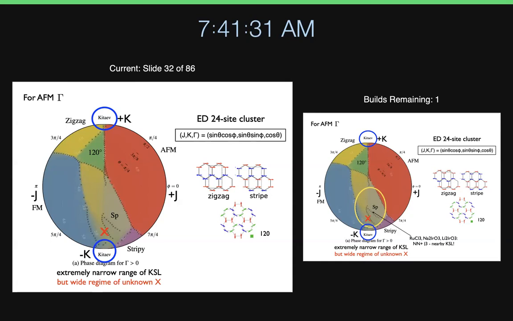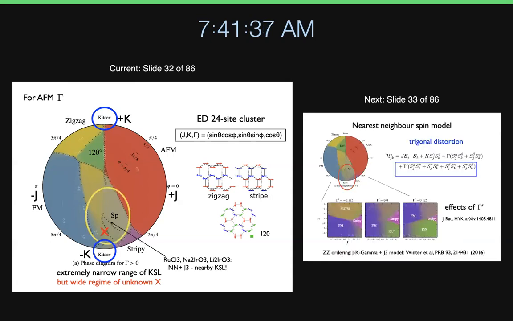So let's see. Now, here's a ferro Kitaev and here's an antiferro Kitaev, and we believe that most of the compounds, including this iridate as well as ruthenium chloride, are sitting here actually. That means that it is a dominant pd hopping, which will give us the ferromagnetic Kitaev, and then a positive gamma. It's already a positive gamma here.